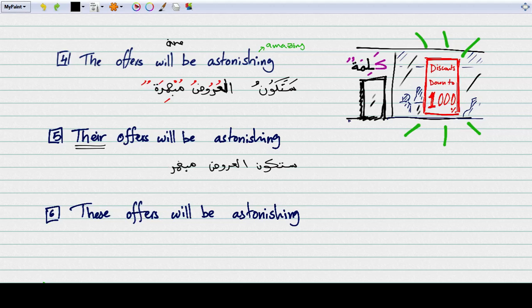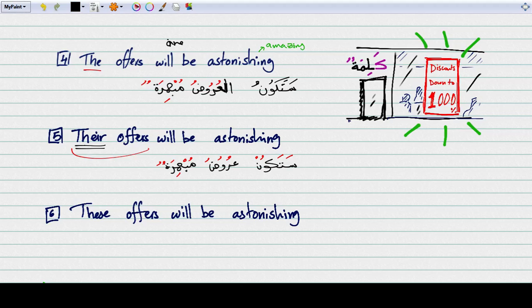So now the question is, where are you going to add the attached pronoun, and what will change? Basically, I was saying their offers, and the word for offers is urud, and what changes is two things. First, the ال was dropped, so we drop it here. So ستكون عروض مبهرة.